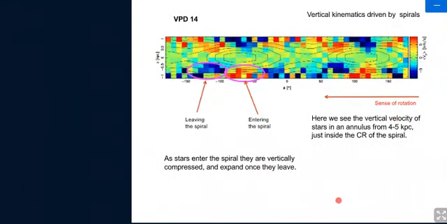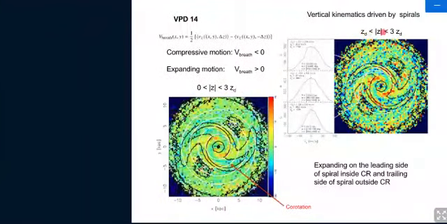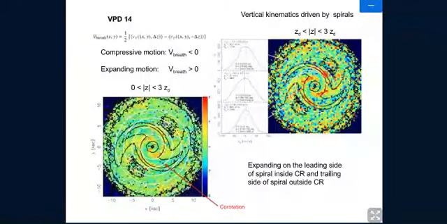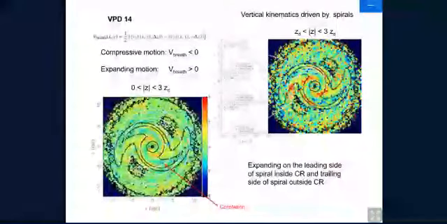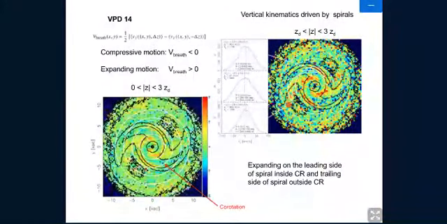There isn't very much breathing motion there. And if we go from 1 scale height to 3 scale heights, this becomes clearer. There's motions away from the midplane over there, and those motions away from the midplane happen on the different side after crossing co-rotation.